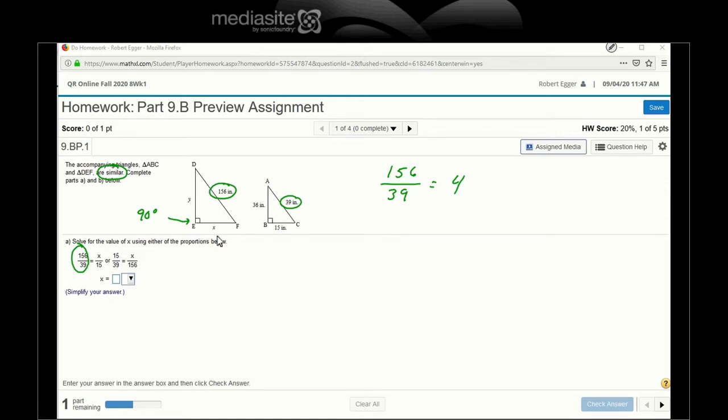So let's look for x. I want to compare this side with the corresponding side on the other one. Not the slant side, but the shorter of the two other sides. So again, we have triangle big over triangle small.